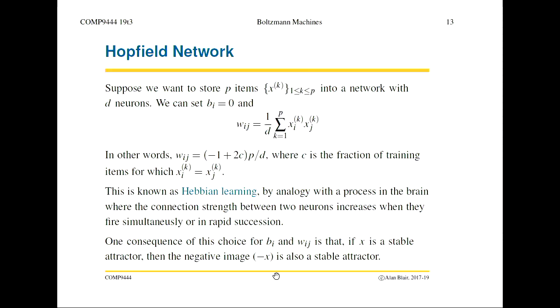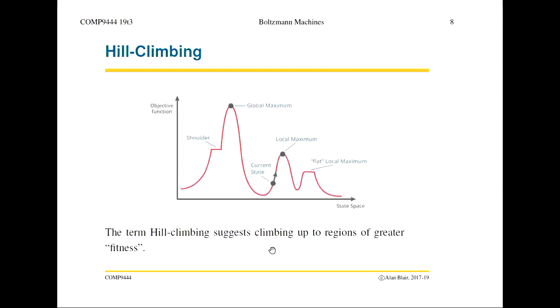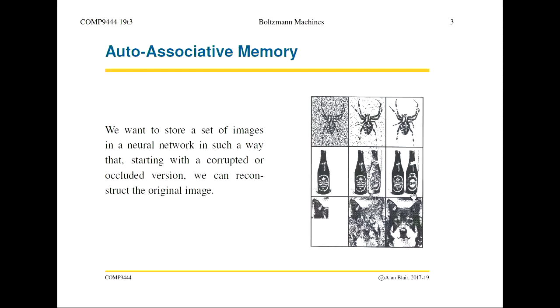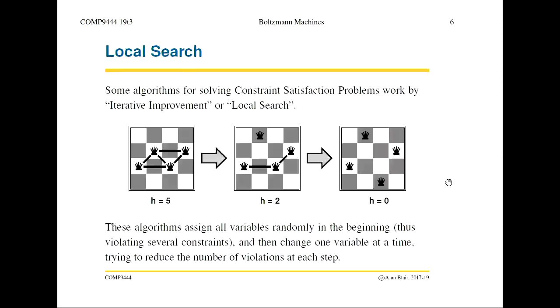And one consequence of this particular formalism is that if a particular image is a stable attractor, the negative of that image is also a stable attractor. So if I took these images and changed every black to white and white to black, I'd get the negative of the image, and the negative image could also be retrieved.